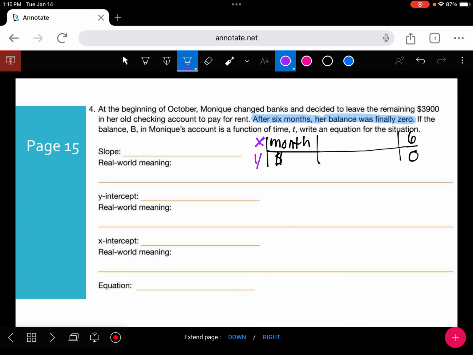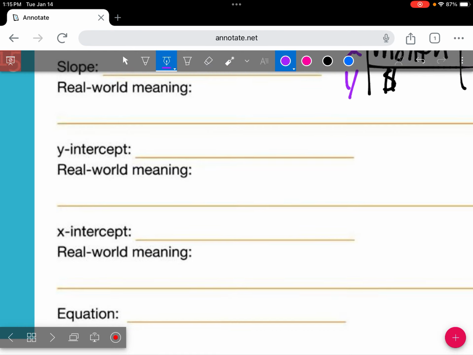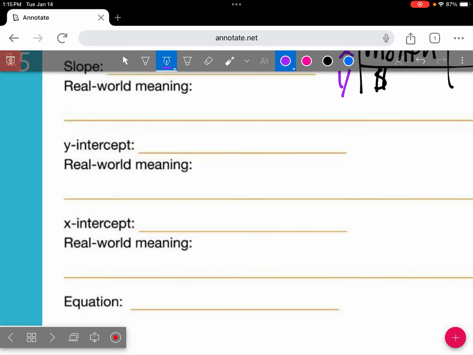So this 6, 0 is which point? When she has 0 in her account. Is that our x-intercept or our y-intercept? Our x-intercept. So they actually handed us our x-intercept on this one. So we have her 6. It's when she runs out of money.